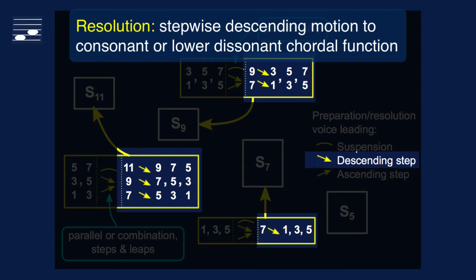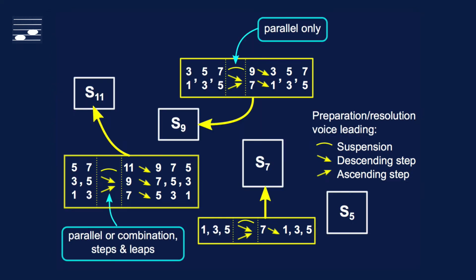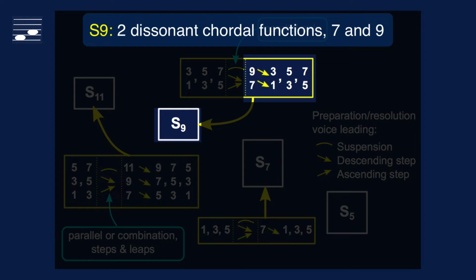Resolution of dissonant chordal functions implies descending stepwise motion to either a consonant chordal function 1, 3 or 5, or descending into a lower dissonant chordal function. For example, in the S9, the 7 and 9 may descend into 3 possible pairs of notes, either the 1 and 3, the 3 and 5, or the 5 and 7.